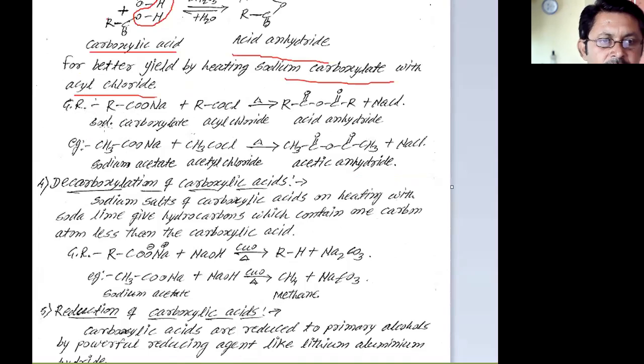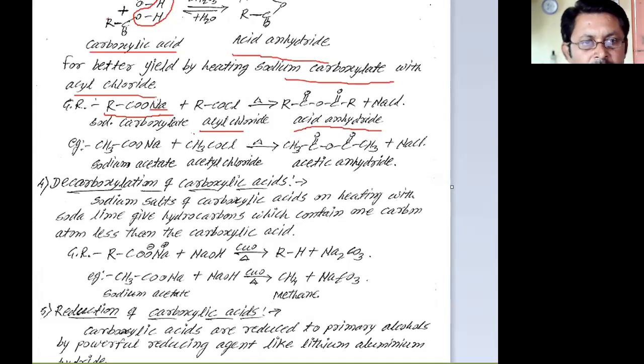That is the general reaction. Sodium carboxylate is the sodium salt of carboxylic acid, because in place of the hydrogen atom of carboxylic acid, one sodium atom is present. When treated with acyl chloride, RCOCl, we get the combined product, that is acid anhydride.